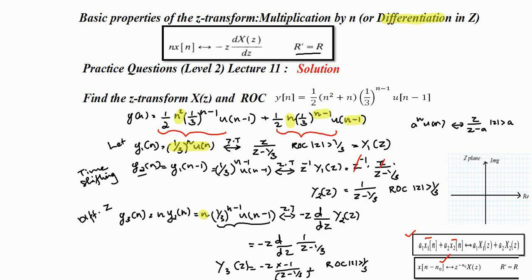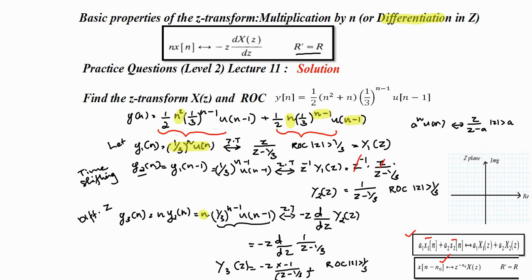So one part is over, this much portion we got, and simply you can multiply by 1 by 2. If you look at this particular equation, already it is n into 1 by 3 all raised to n minus 1 into u of n minus 1, and now we need to multiply again with an n.